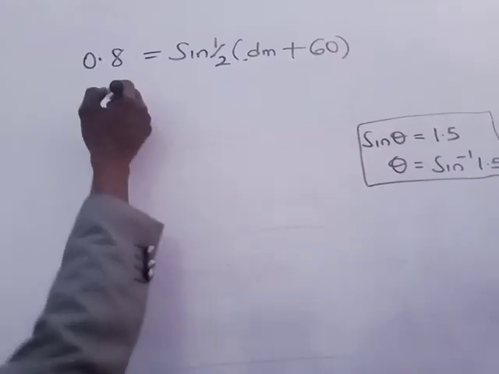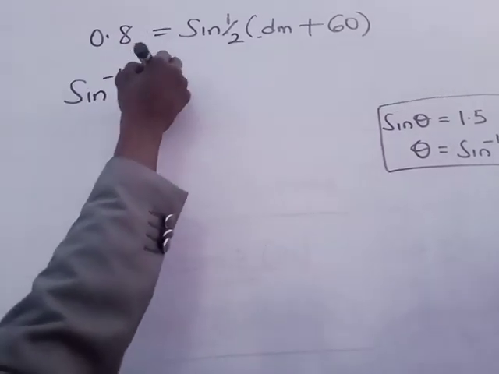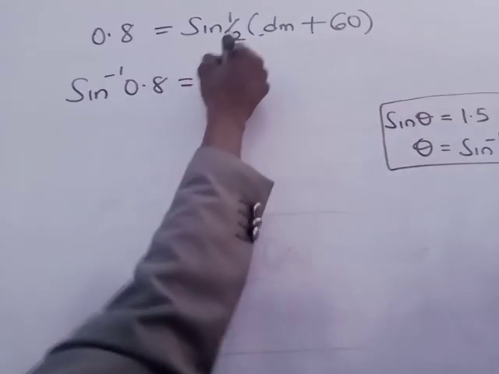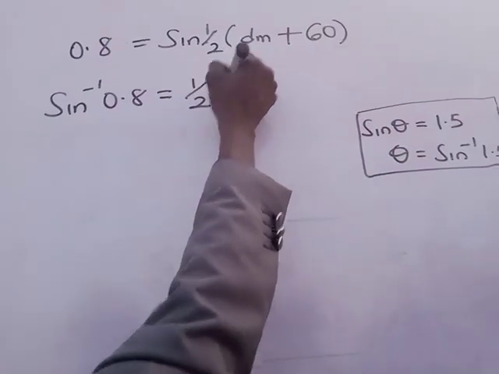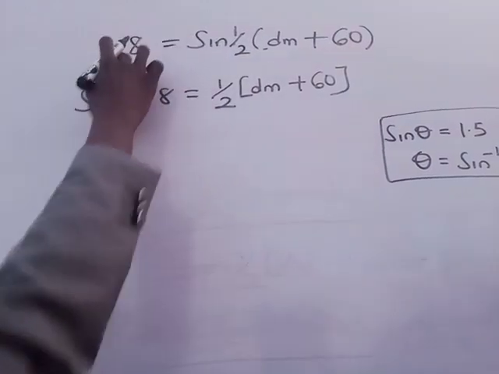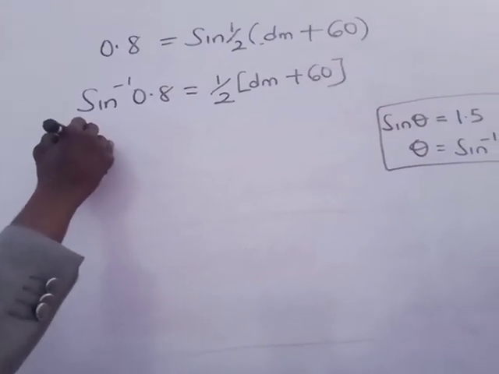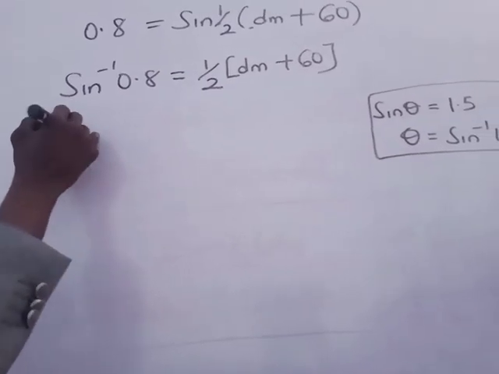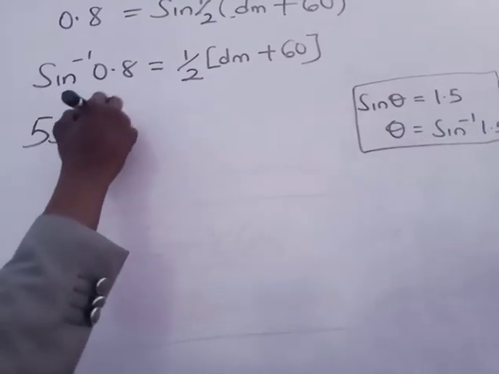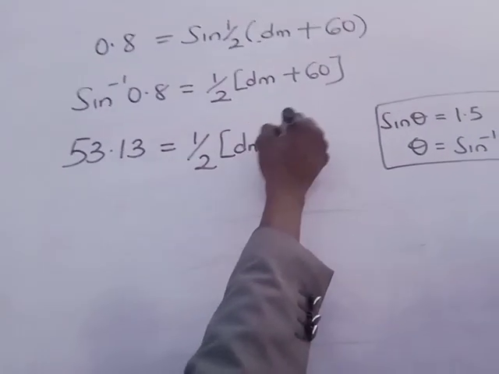From here, arc sine 0.8 will be half of DM plus 60. I hope this is clear to you. And if you do this, that will give you 53.13. 53.13 will be half bracket DM plus 60.